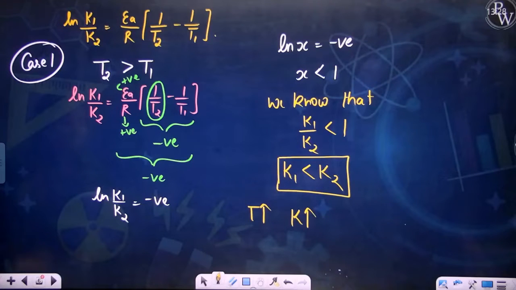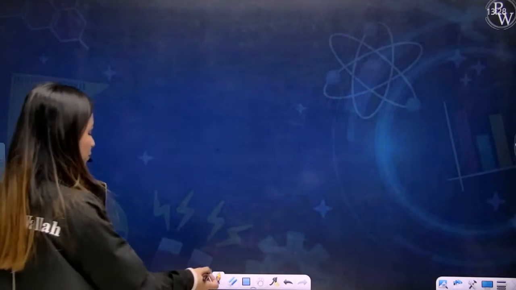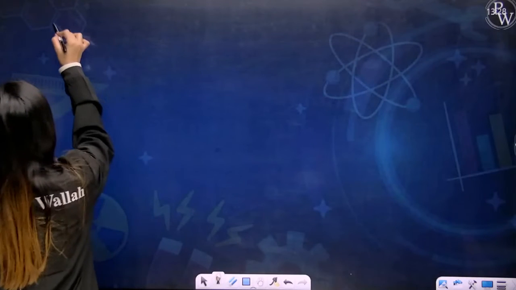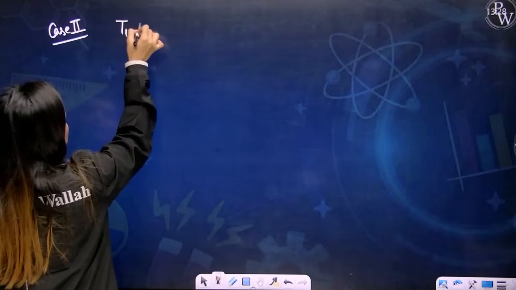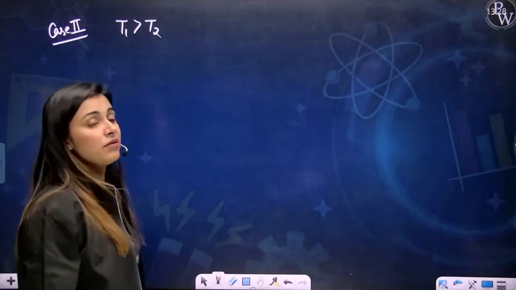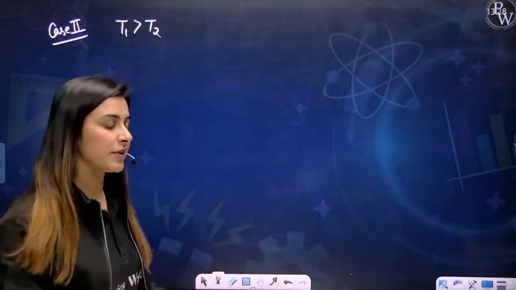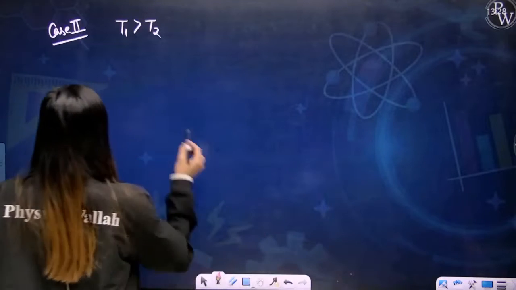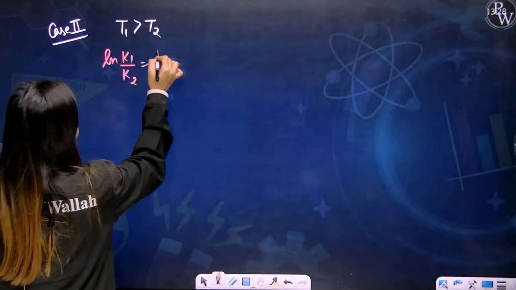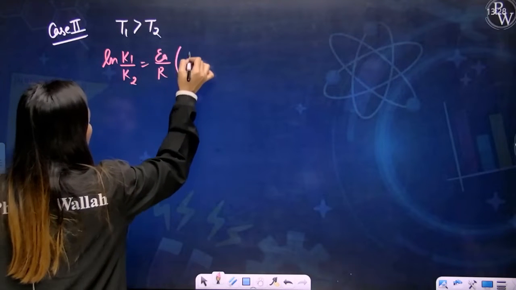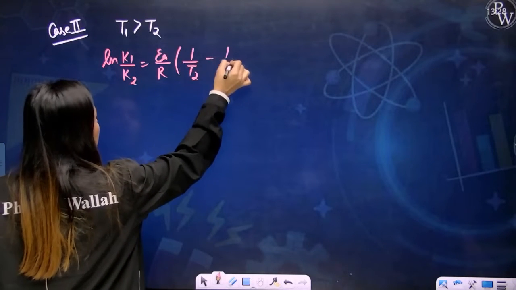I hope you've written it. Perfect, my dear students. Let's take case 2. Case 2 is, let's say T1 is more than T2. This time T1 will be more than T2. So let's write the expression again. ln of K1 by K2 is equal to Ea by R times 1 upon T2 minus 1 upon T1.